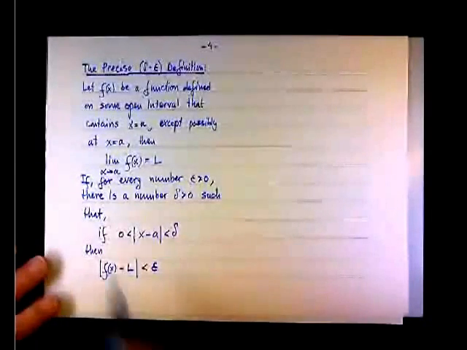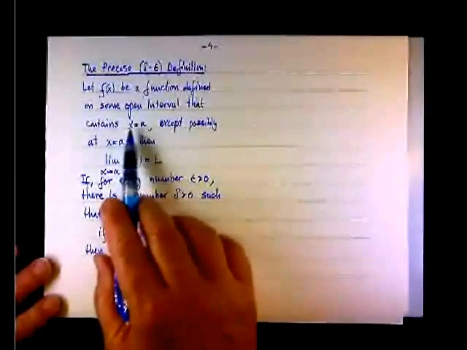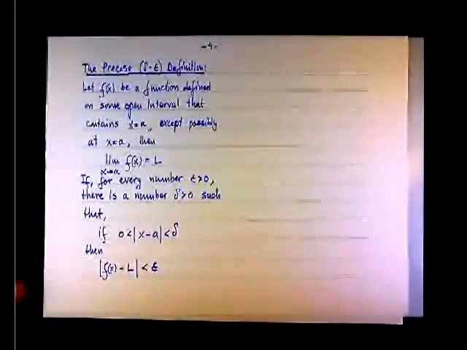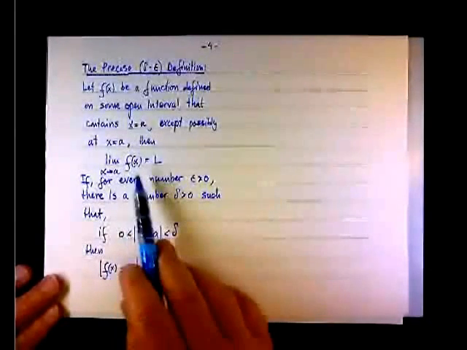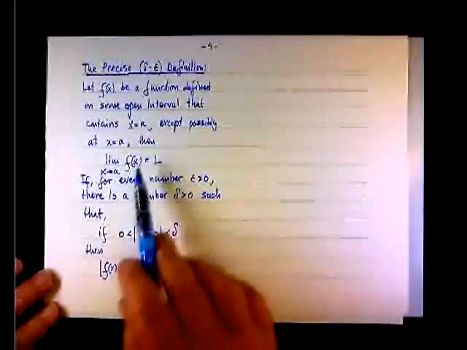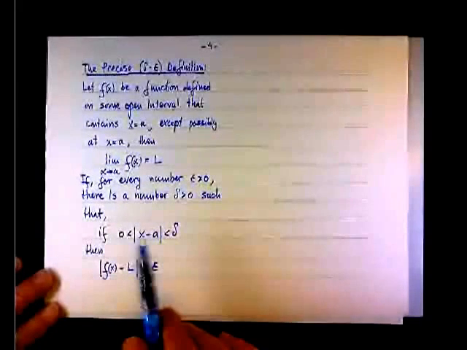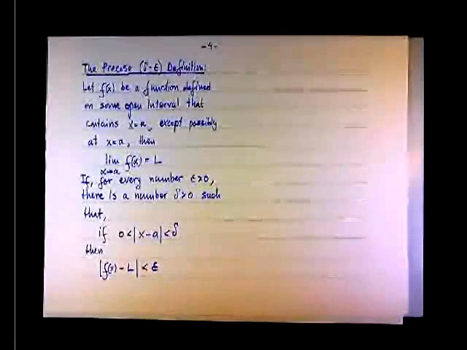So, what do we take on this? We have some open interval with a value of x equals a that may or may not be on the interval because that may be a hole, but we're going to say that the limit of f of x exists and is equal to L if for every number epsilon. In other words, we can come as close to L as we want. Epsilon can be as small as we choose.